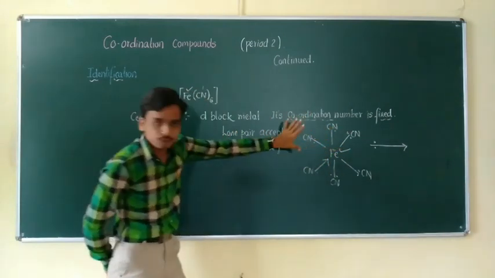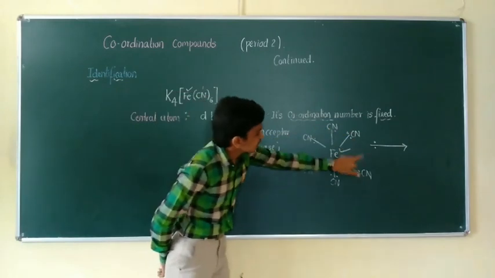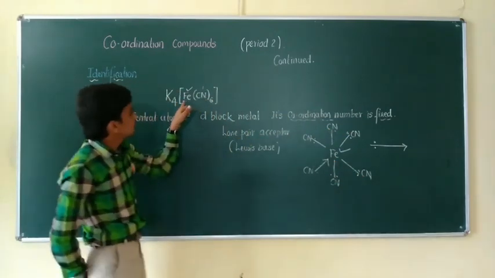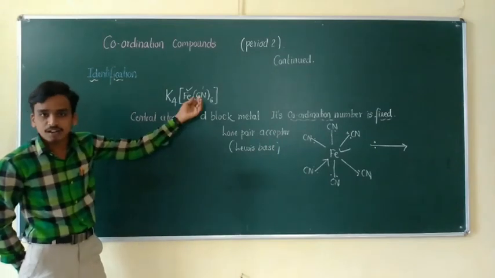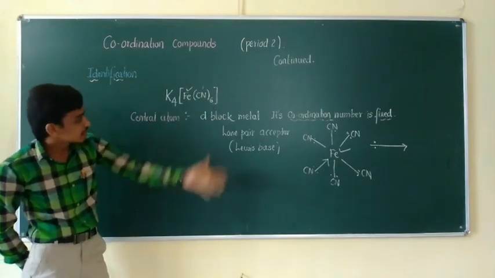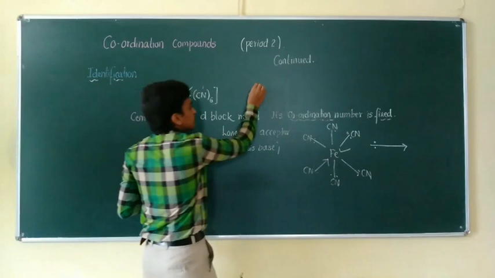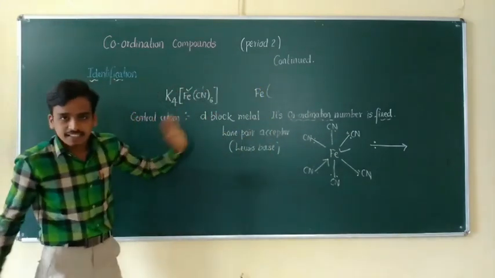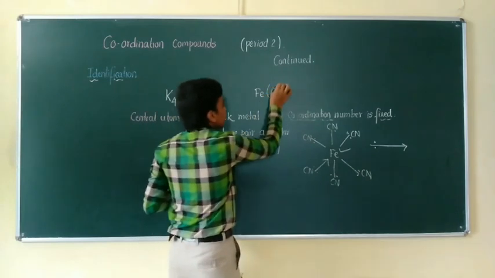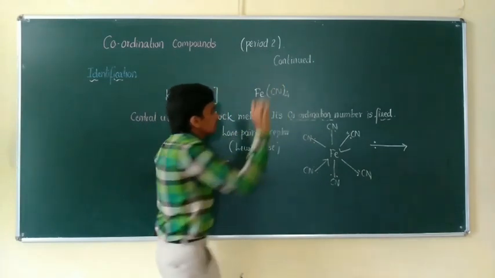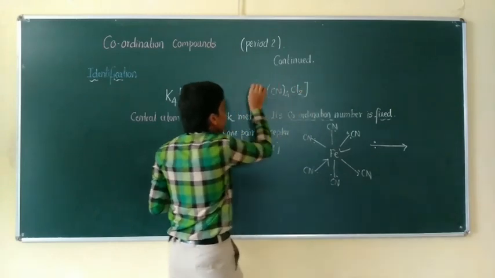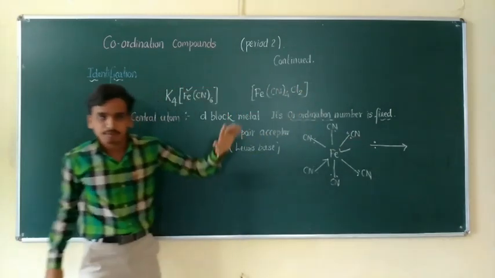Another point you have to know: these ligands may be different in some complexes. Here all 6 cyanides are the same, but in some other complexes there may be changes. How? Take the same iron, with cyanide 4 times, and in place of 2 cyanides, two chlorine molecules may be present.